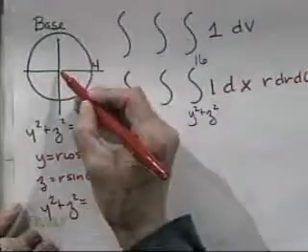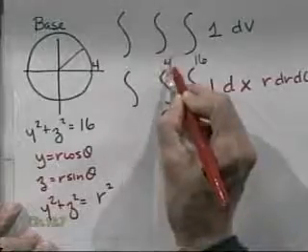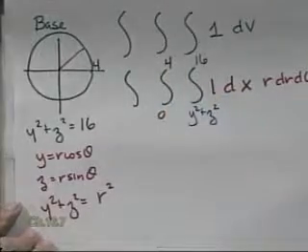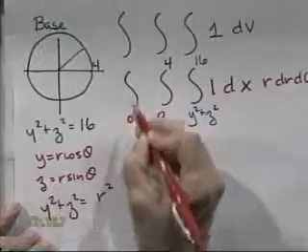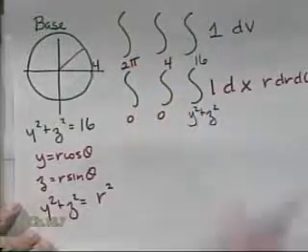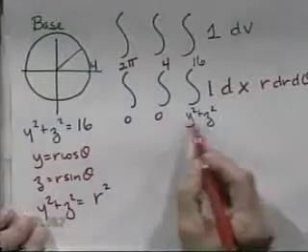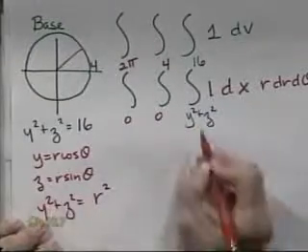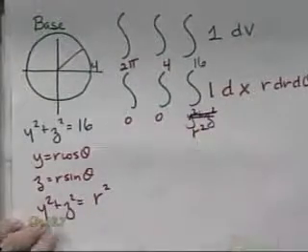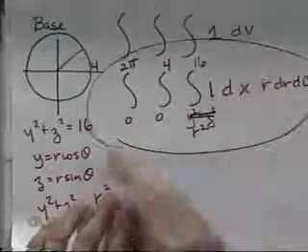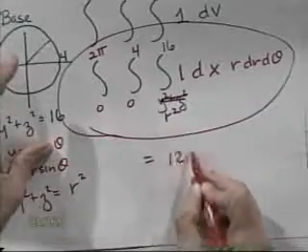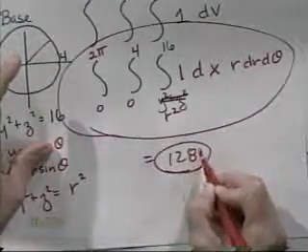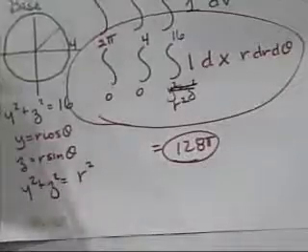And what's r ranging from? 0 to 4. This is why polars are wonderful when you have circles. You only use polars when you have circular regions. And my theta is going from 0 to 2 pi. But y squared plus z squared is r squared. You want me to do this? No? Okay. If you want me to do it, just email me and I'll write it out. This one, the answer turns out to be, after about 4 or 5 minutes of work, 128 pi.